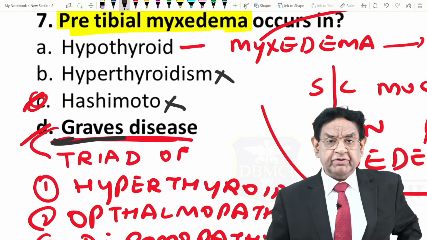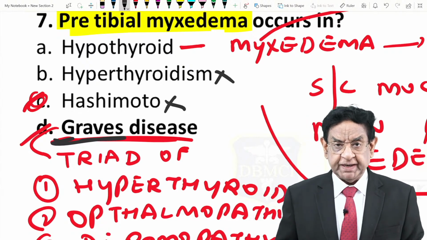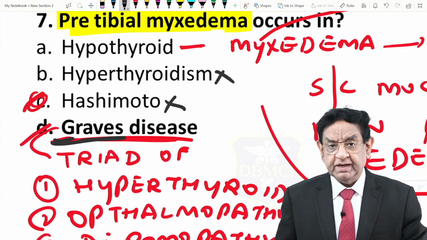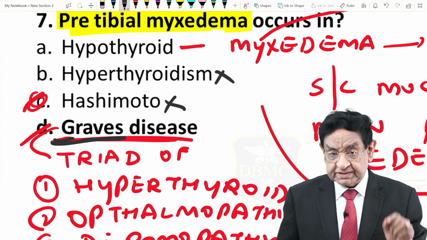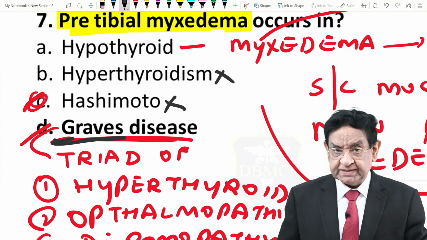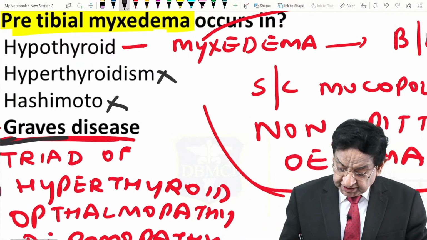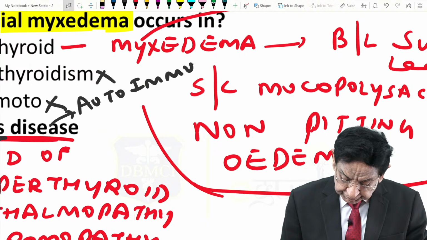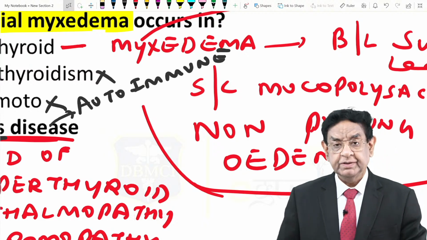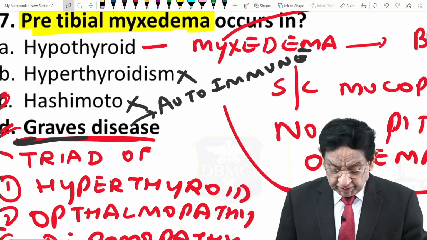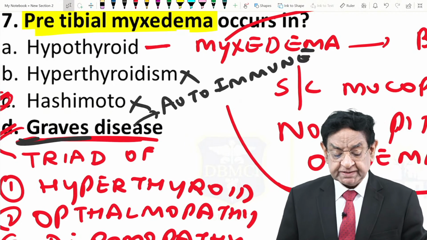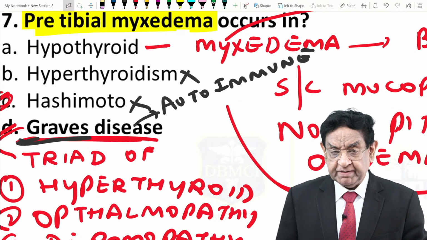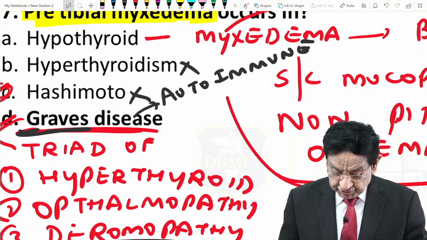There are many causes of hyperthyroid, but the skin sign, pretibial myxedema, is seen only in Graves disease, which is an autoimmune disease. So we are clear about it. What is hypothyroid? What is myxedema? Which is pretibial myxedema? Are you clear about both?